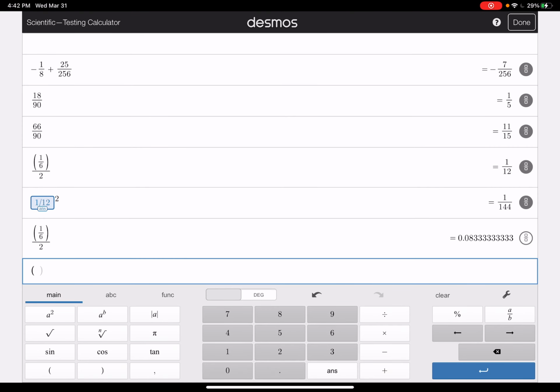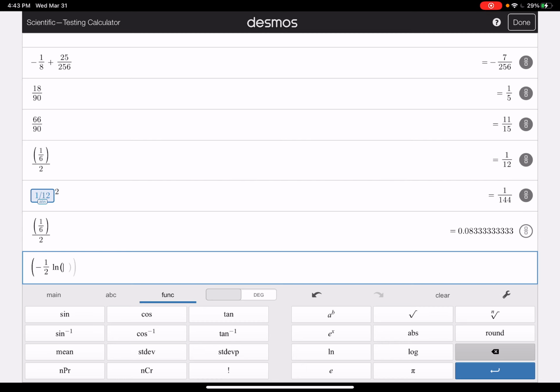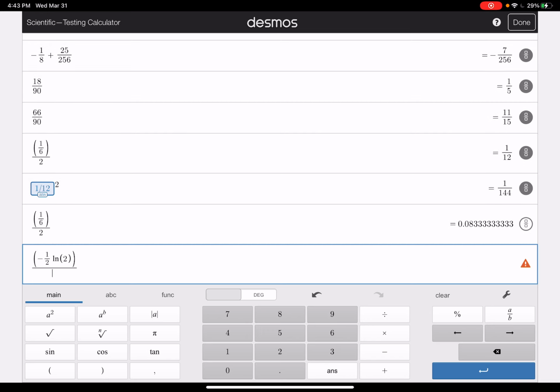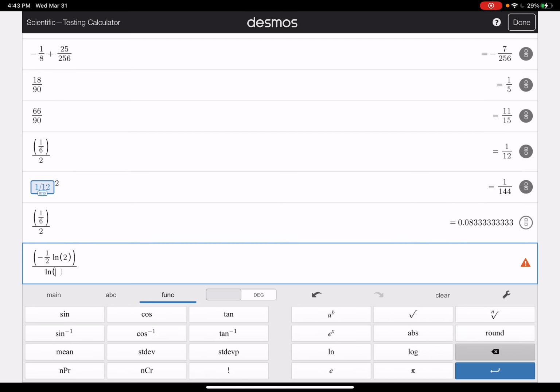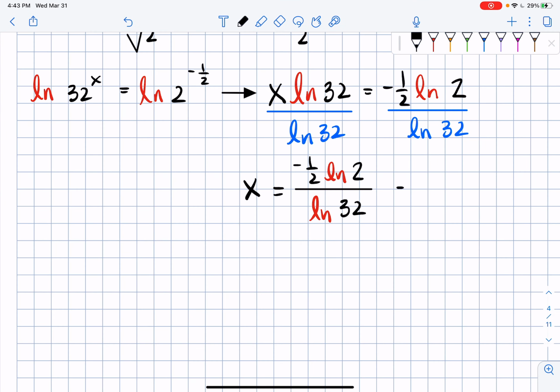So parentheses, I have negative 1 divided by 2 times the ln of 2 and divide that by the ln of 32. So that's what I have right there. So let me change that to a fraction, negative 1/10. So this is going to equal negative 1 over 10, which is choice A. That does work.